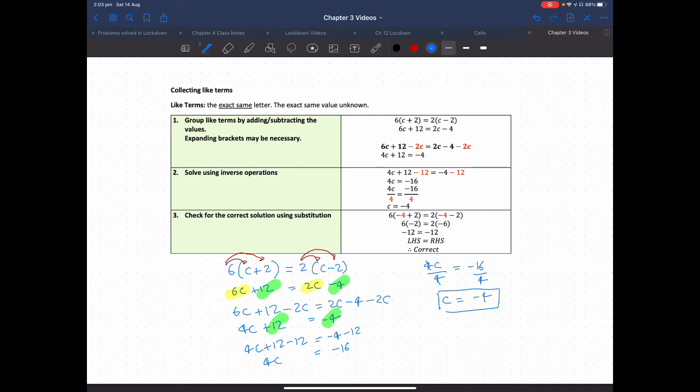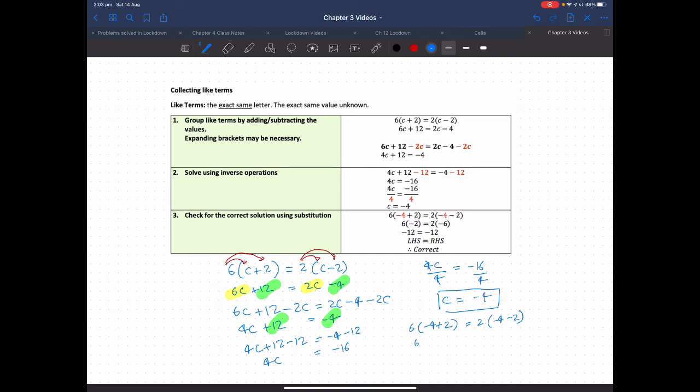We had 6 times c plus 2. I found c to be minus 4, so I get 6 times minus 4 plus 2 equals 2 times negative 4 minus 2. If I am correct, both sides of that equal sign will have the same number.